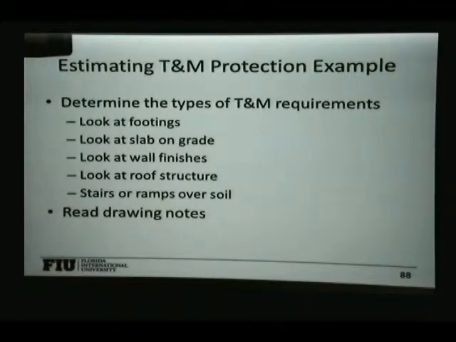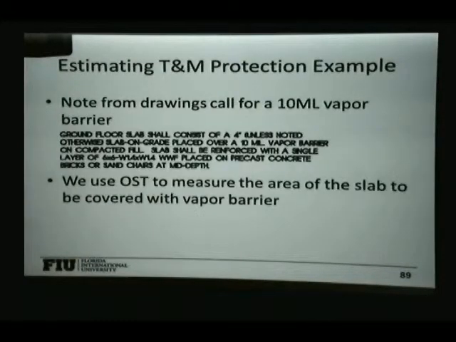Thermal and moisture protection examples: look at the footings, look at slab on grade, look at the wall finishes, roof structures, the stairs. All of those elements will have some note that will reference thermal and moisture requirements for your project.